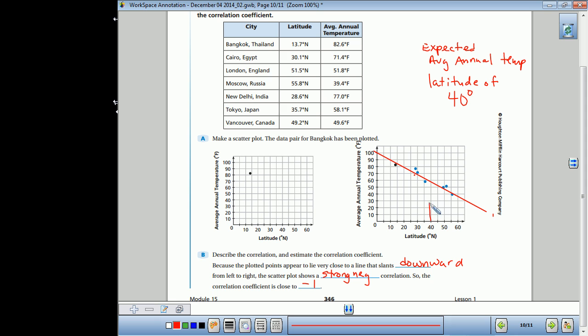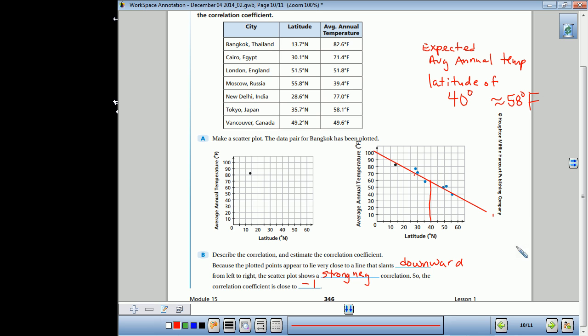Okay, so we would come up to 40 and read on over, so a little bit under 60. So we'd say maybe about 58 degrees Fahrenheit, about 60. So you could make predictions by drawing in a line of best fit.